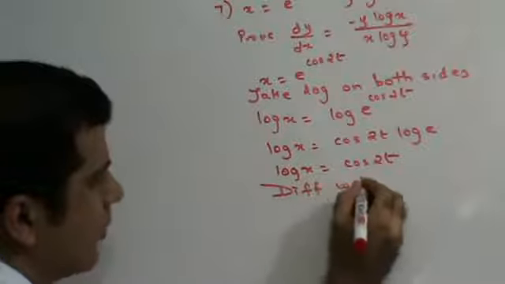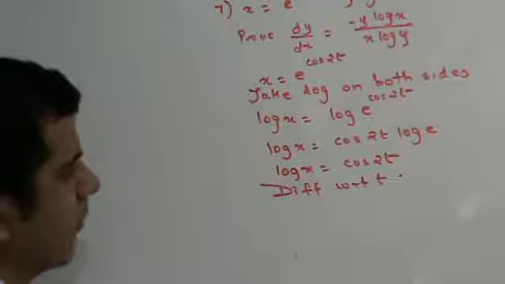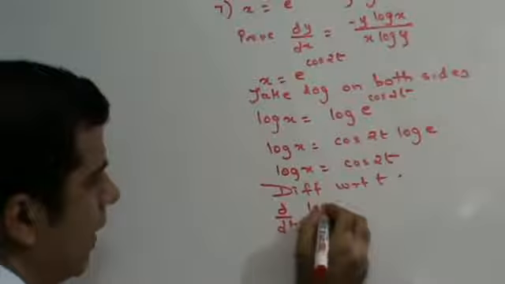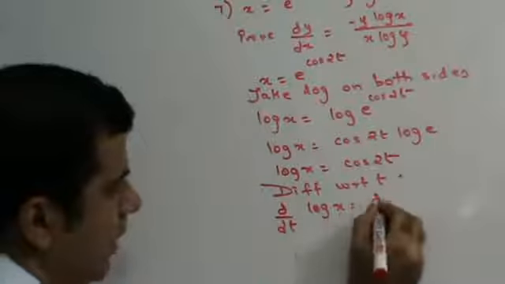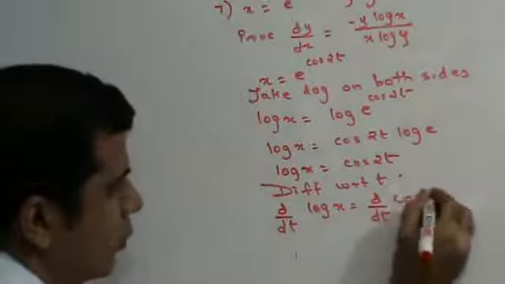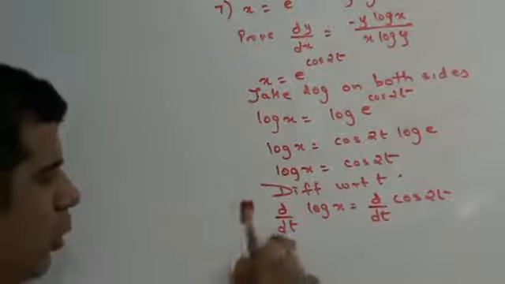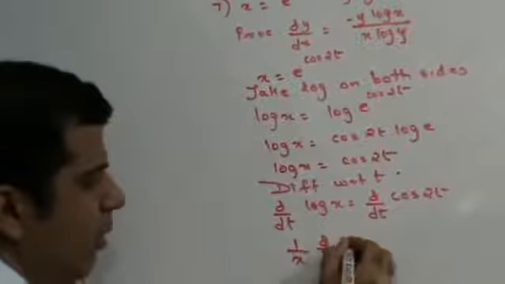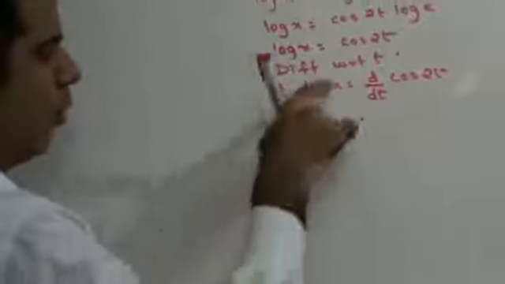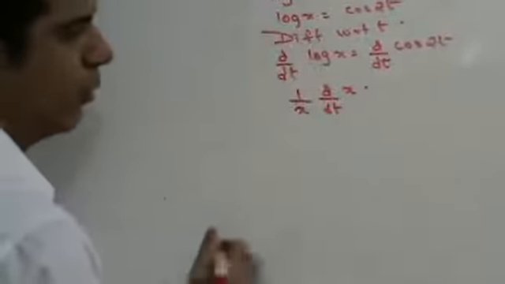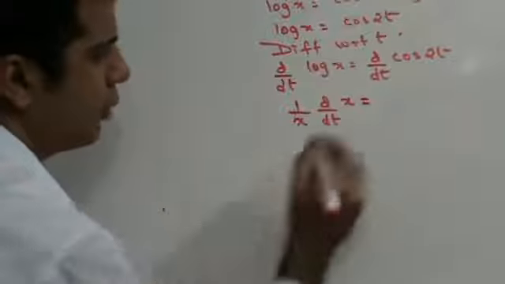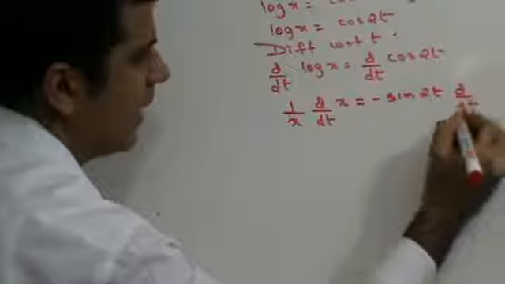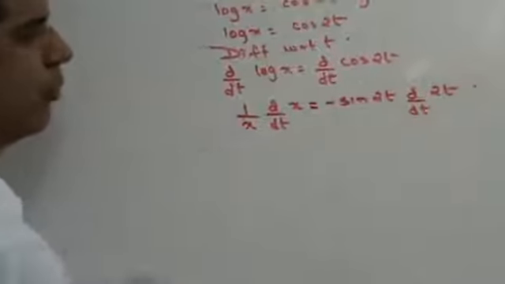Differentiate with respect to t. So you will have d by dt of log x is nothing but d by dt of cos 2t. log u is 1 upon u d by dt of u, right? cos u is minus sin u d by dt of u.